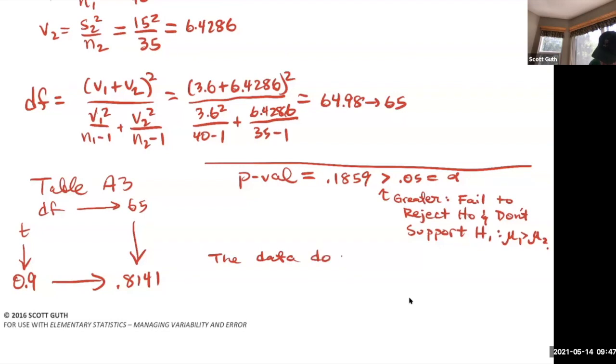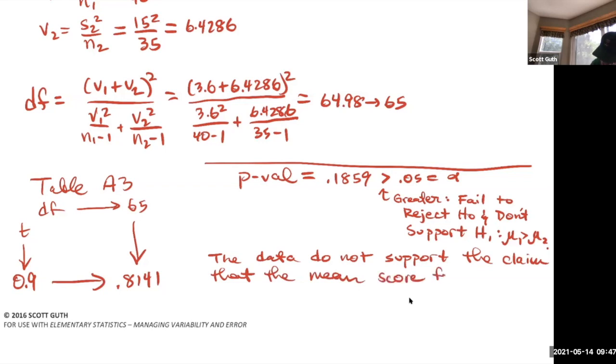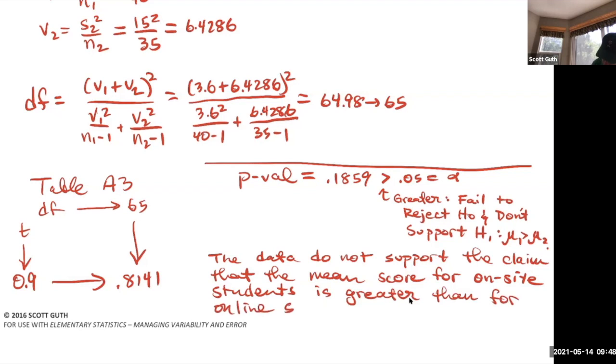They do not support the claim that the mean score for on-site students is greater than for online students. Okay, it might be, but we just don't have evidence.